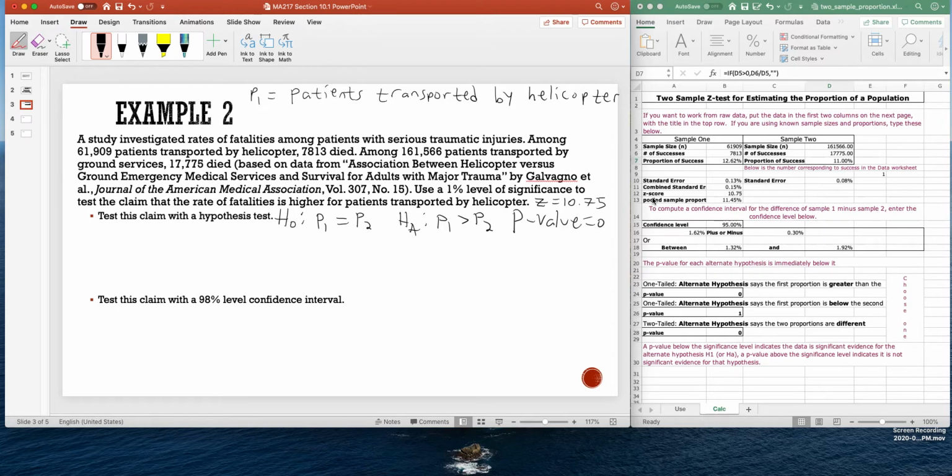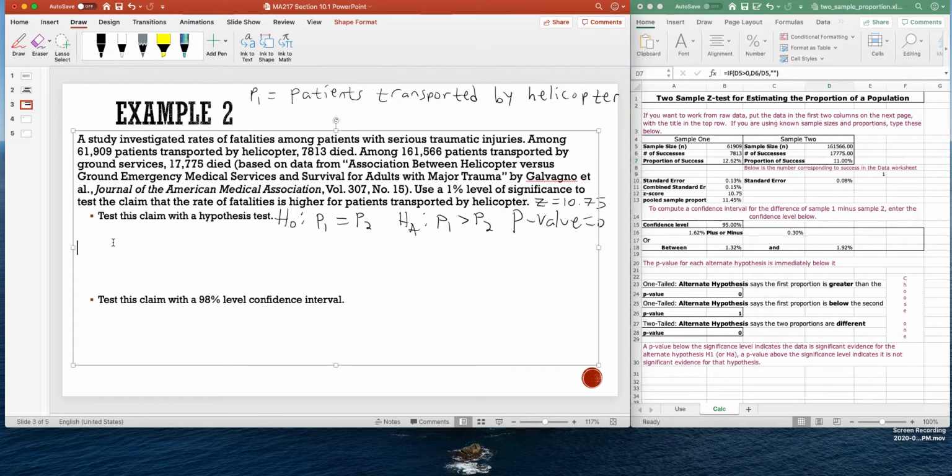And we could also see that the difference between these two was 1.62%, or 0.0162.